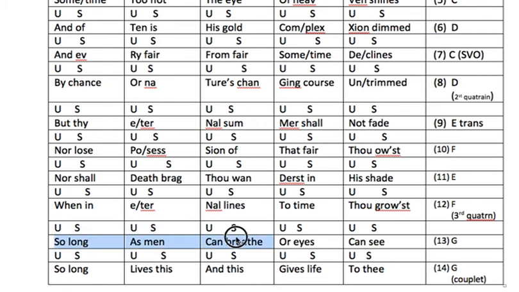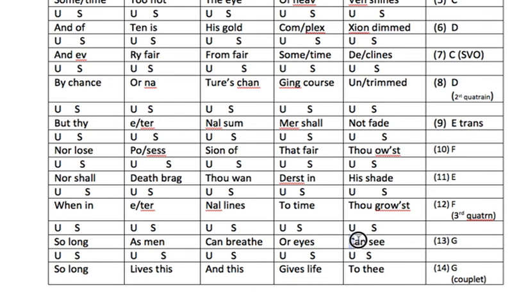So long as men can breathe or eyes can see, so long lives this, and this gives life to thee. And so, if our hypothesis is that these eternal lines have to do with poetry itself, these two lines at the end, the couplet, certainly reconfirm that, because as long as men can breathe or eyes can see, eyes can see what?